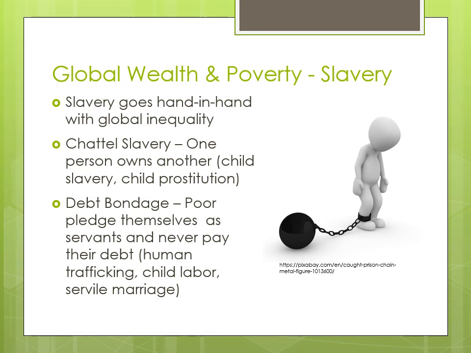We have examples being human trafficking, child labor, and servile marriage. In some countries, because there's so much violence, some families may decide to marry off their children to adults. It usually happens that it's young girls to marry much older men. And so this is a part of debt bondage.